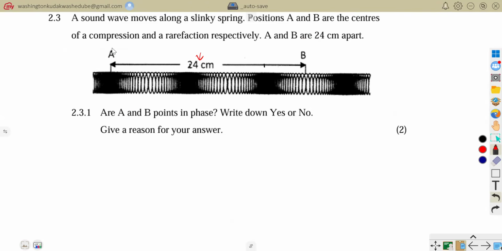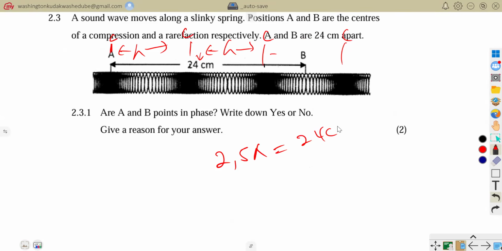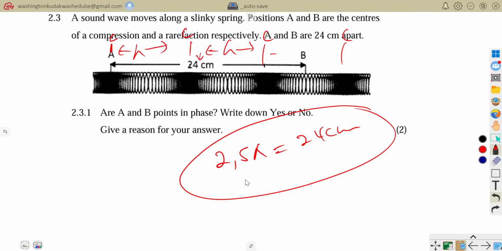You know that a wavelength would be the distance between the center of a compression and another compression. But here we see that we have got two wavelengths, and then we have got a half wavelength. So here we have got 2.5 wavelengths, which is equal to 24 centimeters. So between points A and B, there are 2.5 wavelengths.